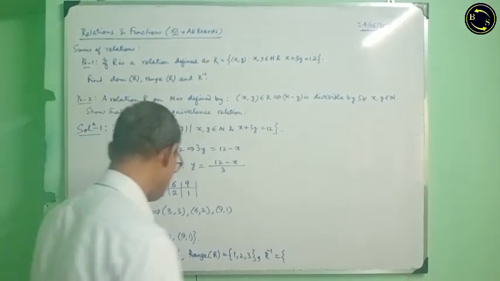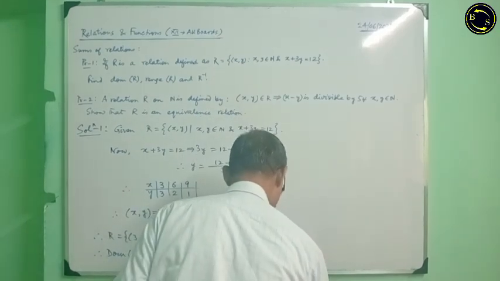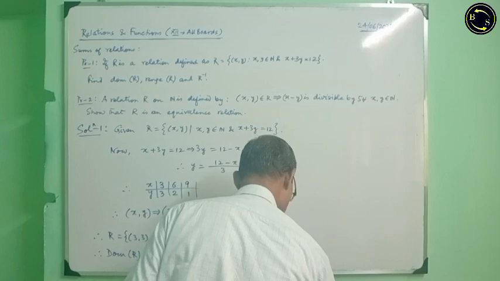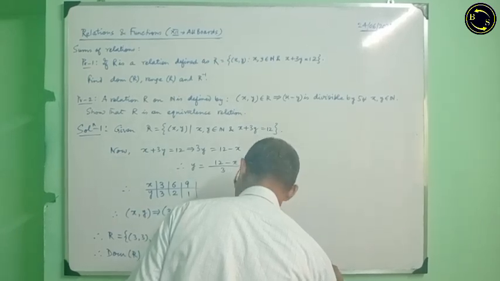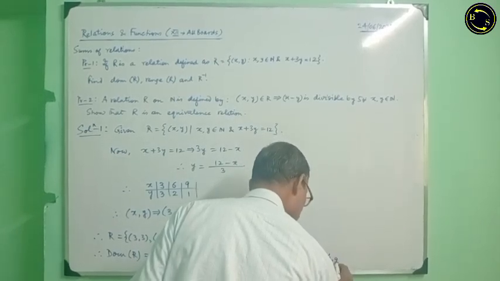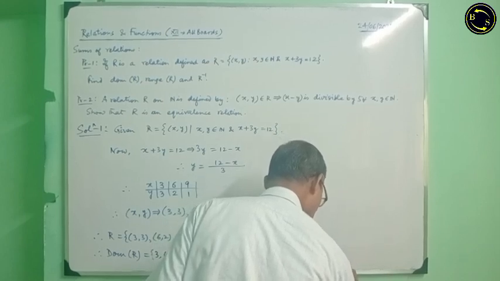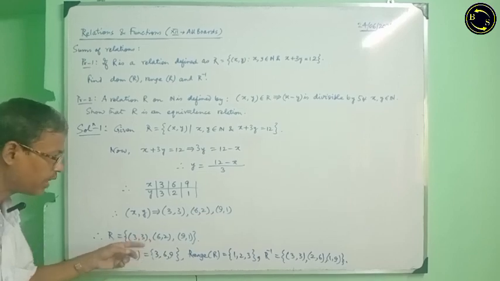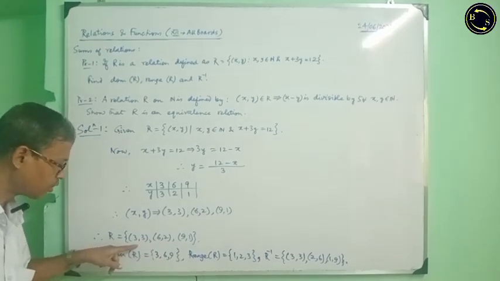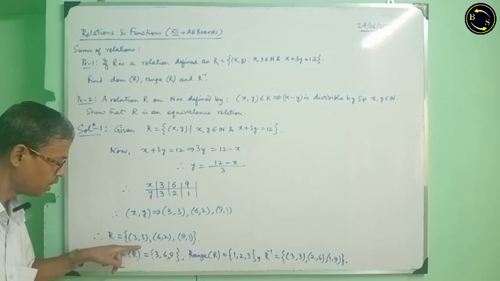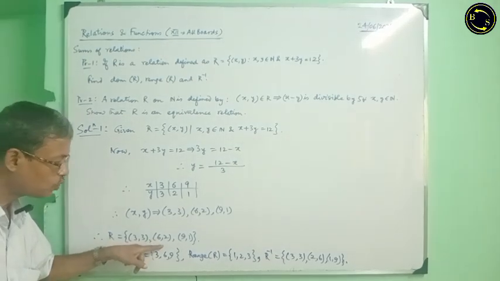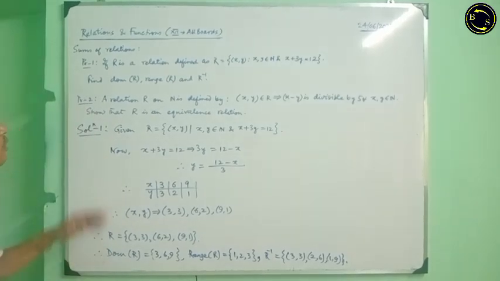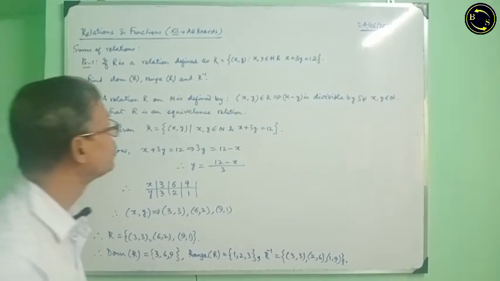That means R inverse will be the set where components are interchanged. For the first ordered pair (3, 3), for the second one (2, 6), then for the third one (1, 9). Therefore, this sum is solved.